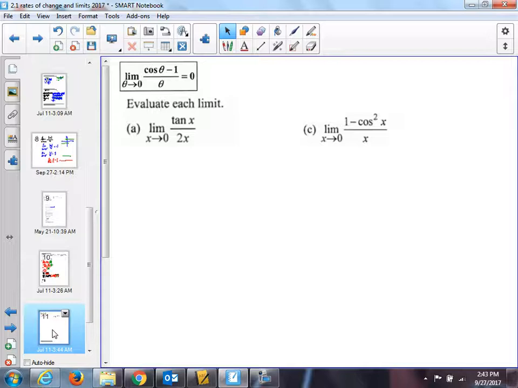I see no evidence in AP exam outlines that you need to know those. You do need to know the quotient identities. The tangent function is the ratio of the sine over the cosine function, right? And then cotangent is the cosine function divided by the sine function of x, right? You do need to know the reciprocals. For example, tangent is 1 over the cotangent, or vice versa.